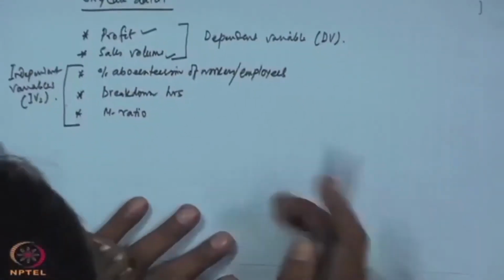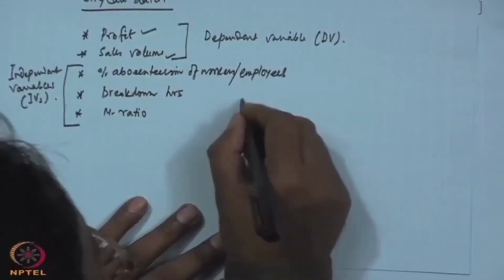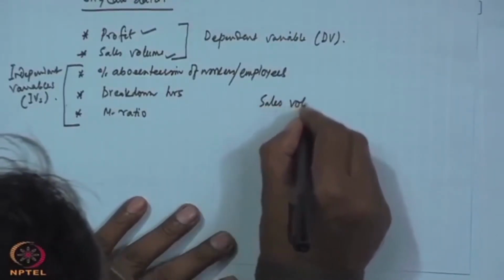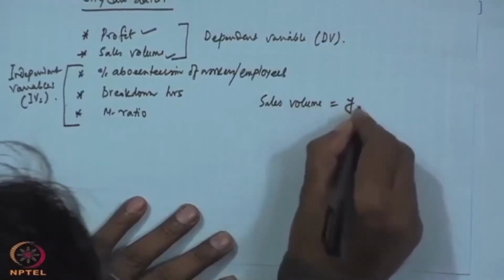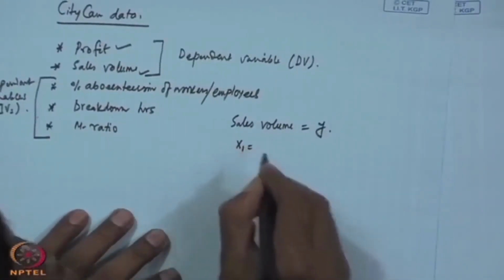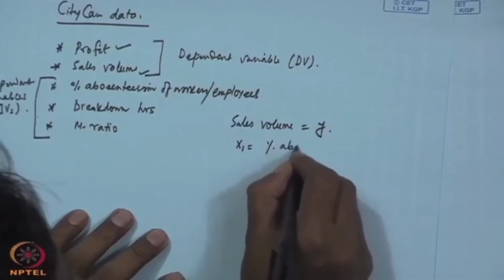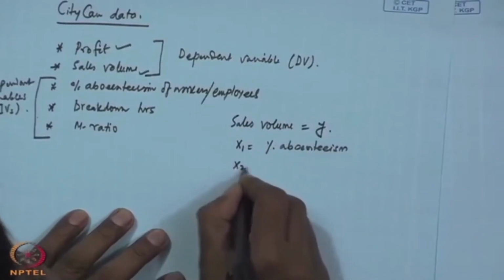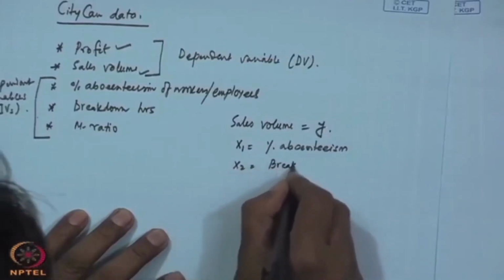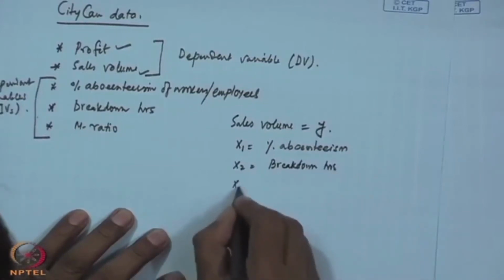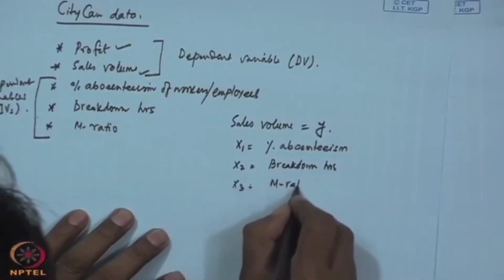So, pictorially, let the dependent variable be sales volume, which is y, and the other variables are x1 equal to percentage absenteeism, x2 equal to breakdown hours, and x3 is M ratio.